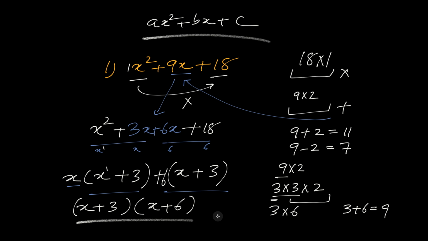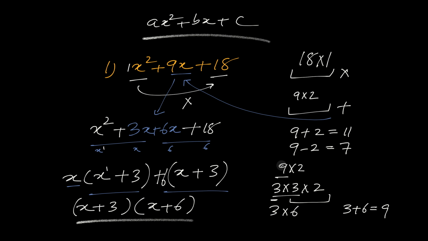I hope it was very simple and easy to understand how to solve an algebraic equation. I'm going to quickly recap how we were able to split the 18 into two numbers, which is 9 into 2, but it is not going to work out because on adding or subtracting we are not getting the number 9. Hence, instead of 9 into 2, we split 9 into 3 into 3.